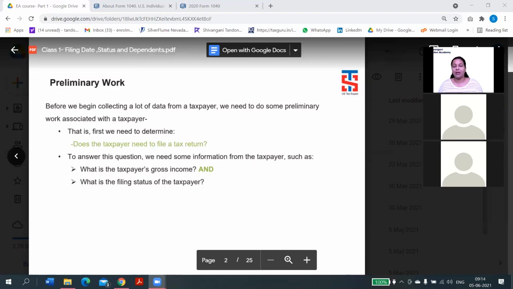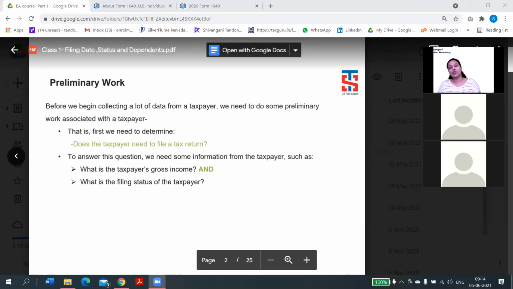Like in India, if I have a female client whose income is within 3 lakh rupees, the exemption amount, she doesn't need to file the return. Even if she files, there are no taxes. Similarly, you need to check in the US whether your client's income meets the filing requirement or not.